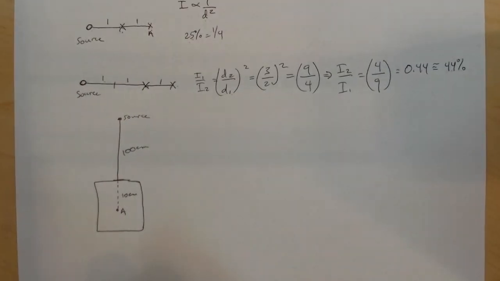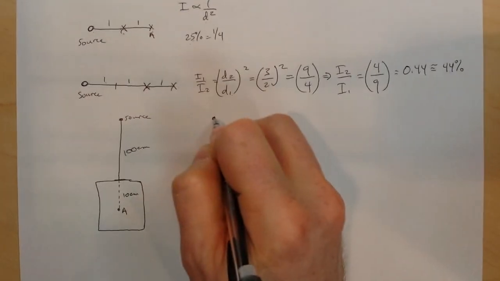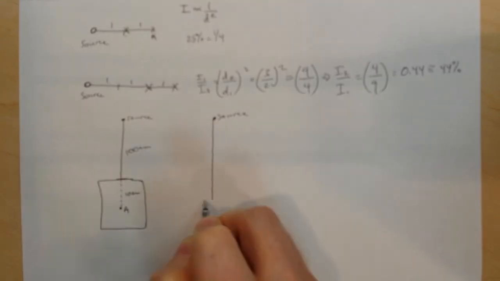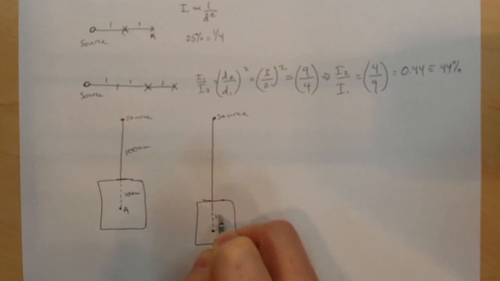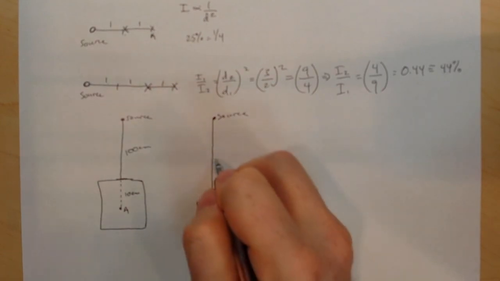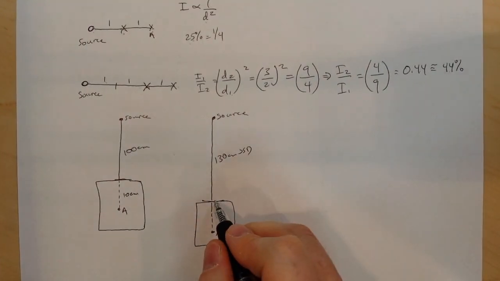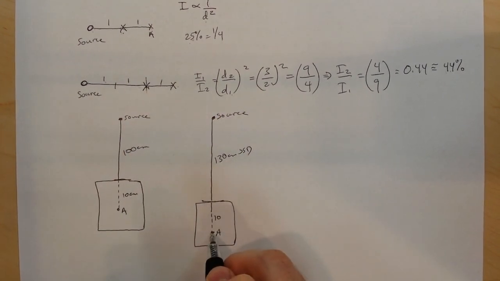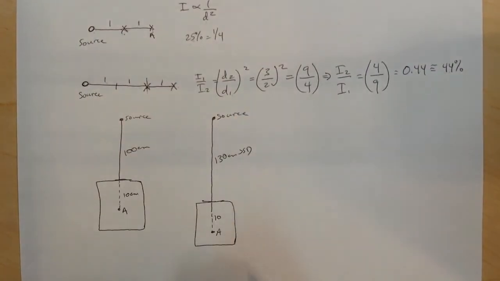Point A. Now, case number 2, source, point A is still at 10 centimeters deep in the water phantom, except now I'm at 130 centimeter SSD. I've started further from the source. That's this position here. I've moved the same amount, 10 centimeters, 10 centimeters. I've moved 1 unit here, 1 unit here.